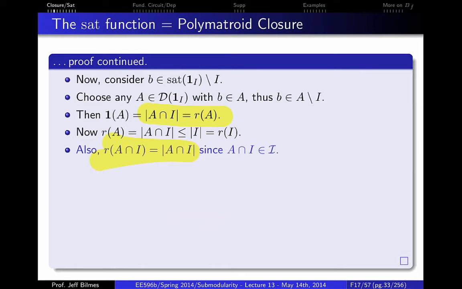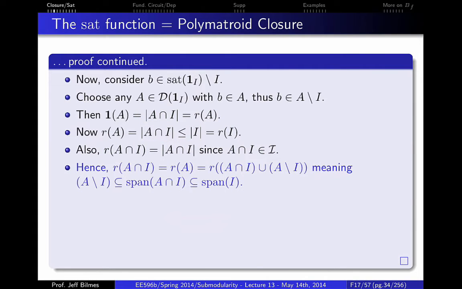Okay, so the rank of the intersection is equal to the size of the intersection. Why we have that is because any subset of an independent set is independent. So the rank of the intersection is equal to the size of the intersection.